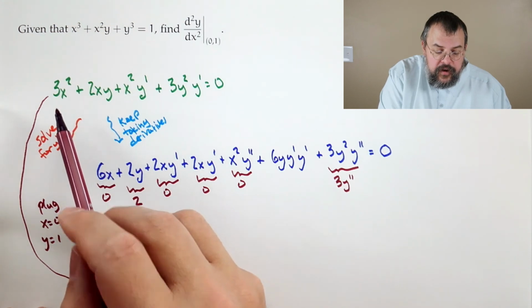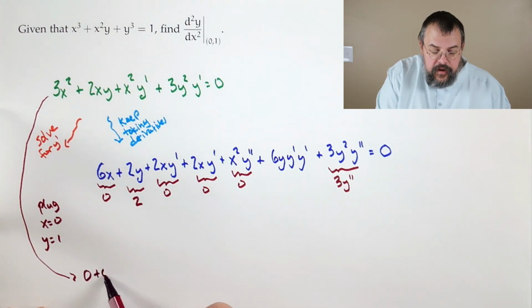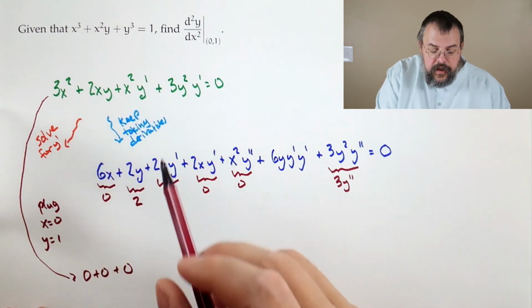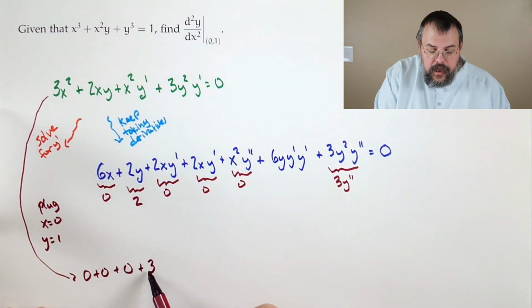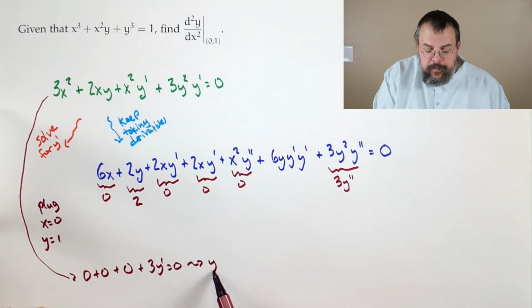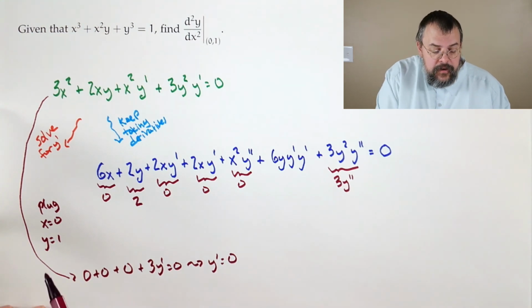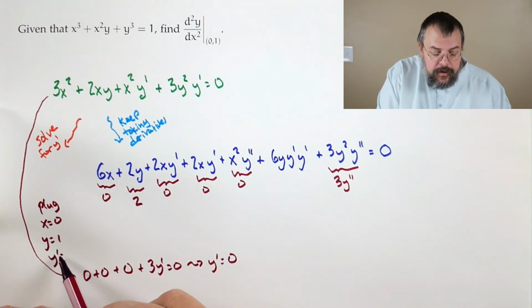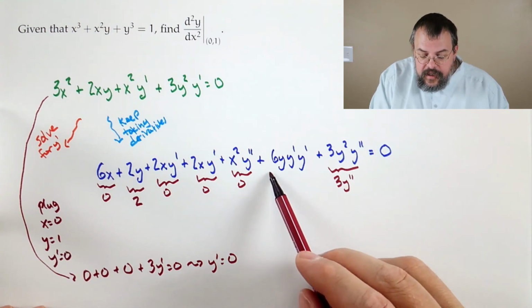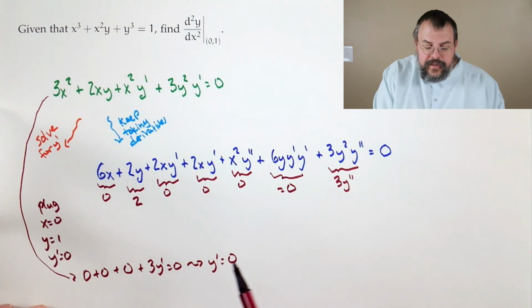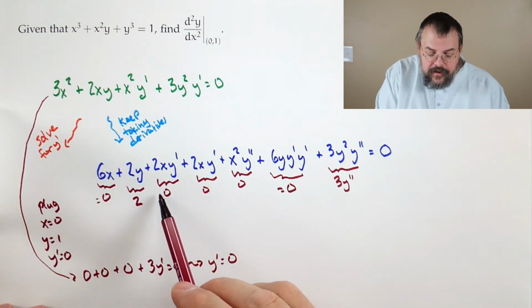So if we do that, we'll get 0 plus 0 plus 0, because all these terms involve 0, plus 3y prime equals 0, which means that y prime at the point 0, 1 is also equal to 0. So we get y prime equals 0, which says that this term is also 0. Woohoo! Yes, look at all these lovely zeros.